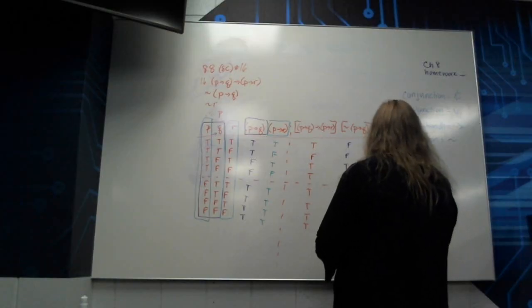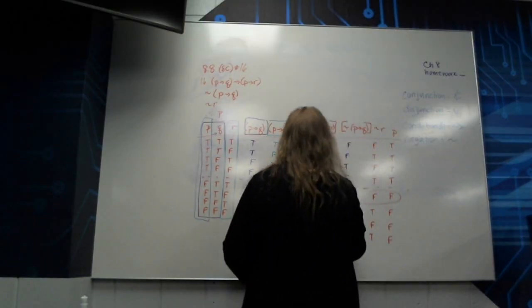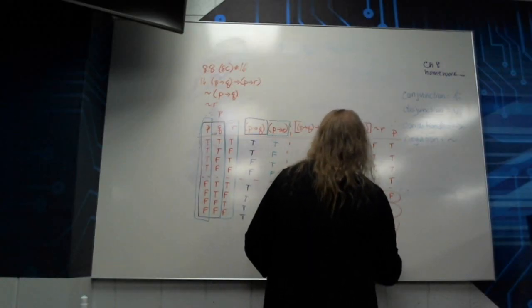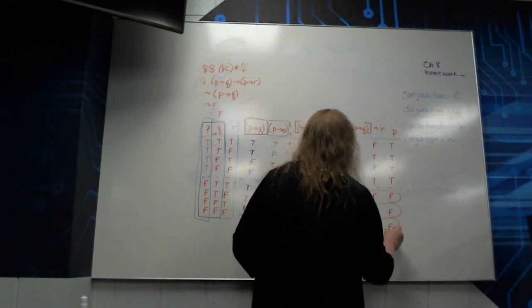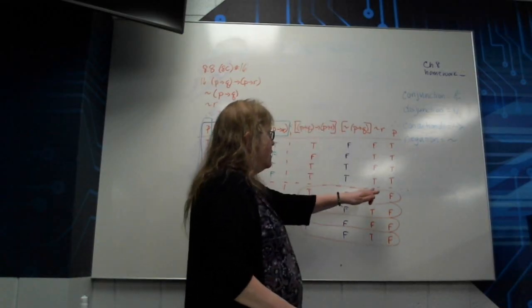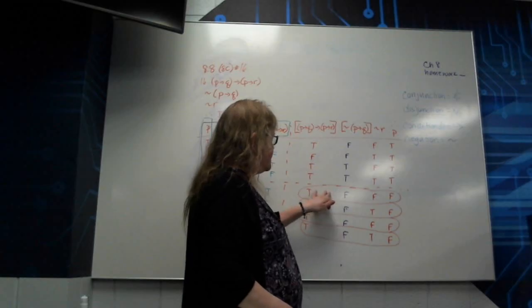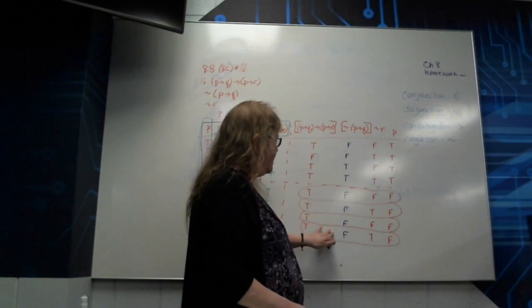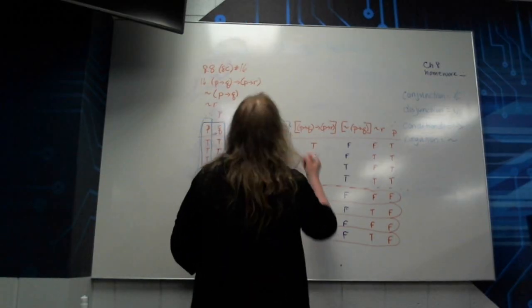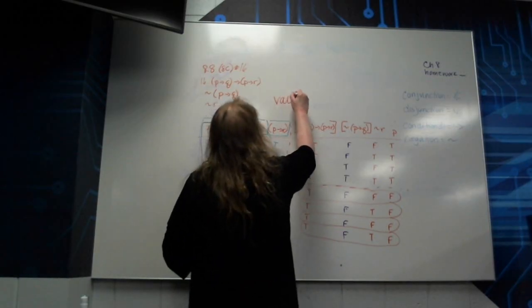So for validity, we have to look at this whole bottom piece, because we have 4 false conclusions. Okay, so in each of these, I have at least 1 false premise. So once again, this is a valid argument.